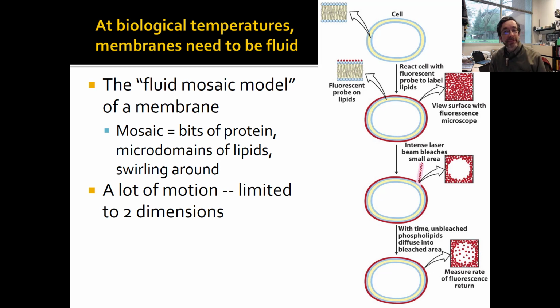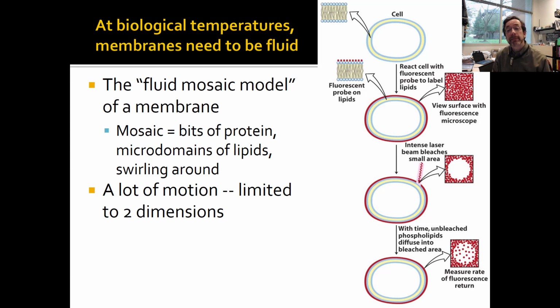If everything stayed in place, the white spot would just stay there. But instead what they saw was that the white spot turned pink and then turned red again because red molecules diffused into the white space and the bleached molecules diffused out. They could time that and figure out how fast a single membrane molecule would move.